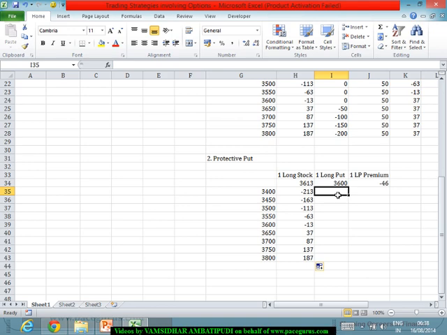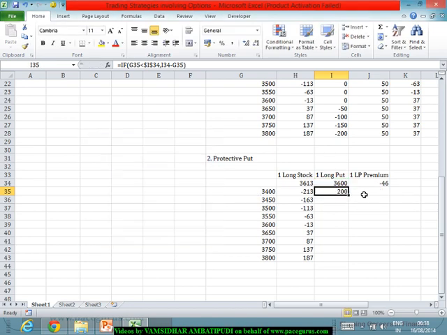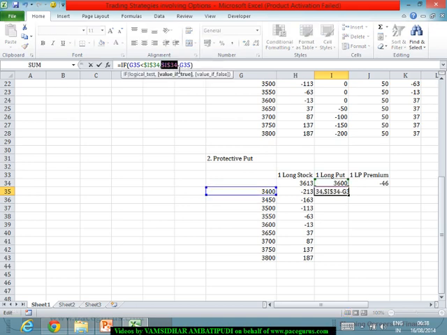I'll try to exercise this put only when the market price is lesser than the strike price. If the market price is lesser than the strike price, exercise it, and you'll get a gain which is the difference between the two.